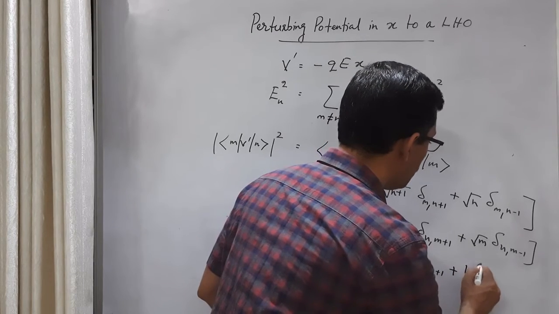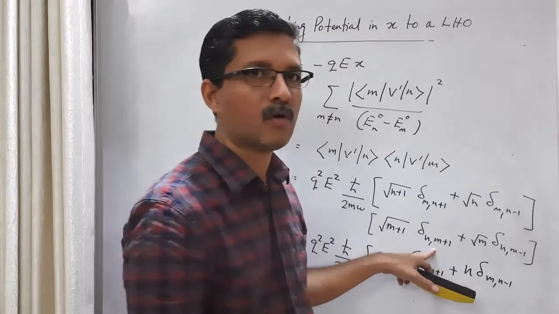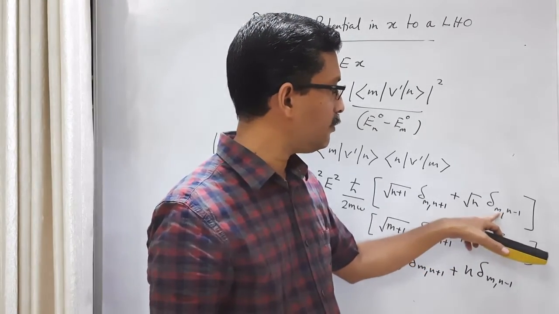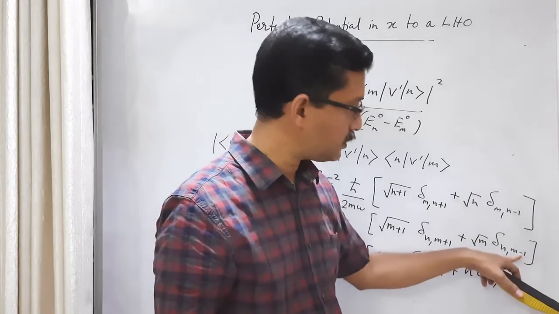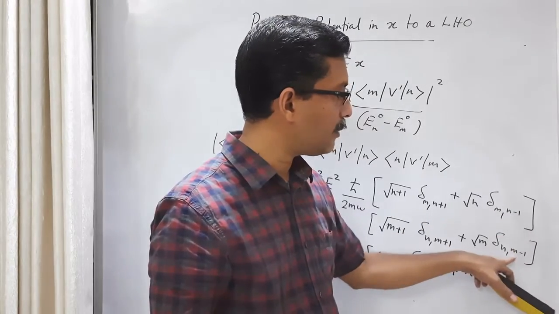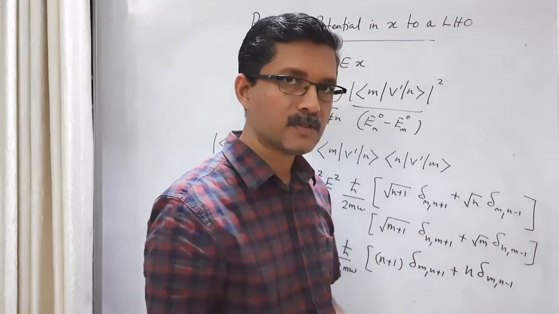So n into delta m comma n minus 1. This into this will be 0 because here m is equal to n minus 1, and here the condition is that n is equal to m minus 1, which means m is equal to n plus 1. So m is equal to n minus 1 and m is equal to n plus 1 cannot be simultaneously satisfied. So this product will be 0.